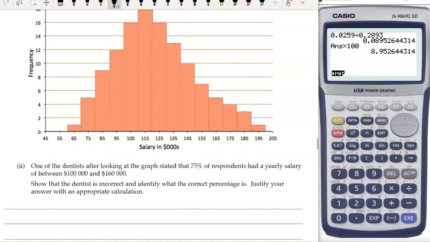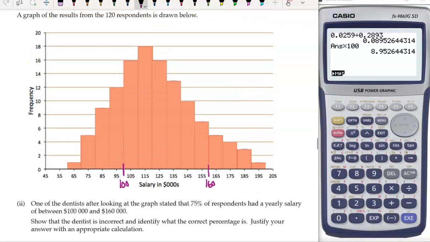Okay, so we're looking for 100 up to 160. So 100 is just here, 160 is just here, so we need the amounts in between. We've got 16, 18, 16, 13, that's 10, and this one is 7.